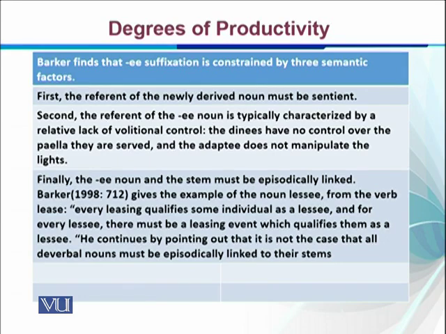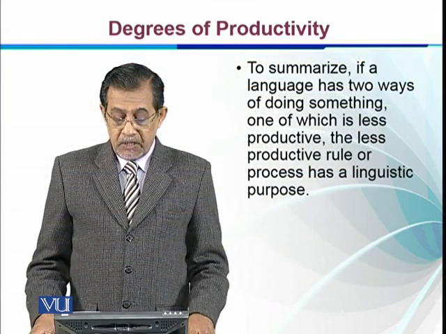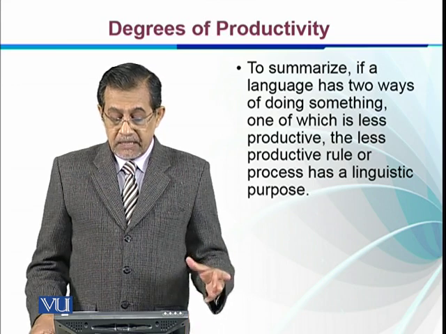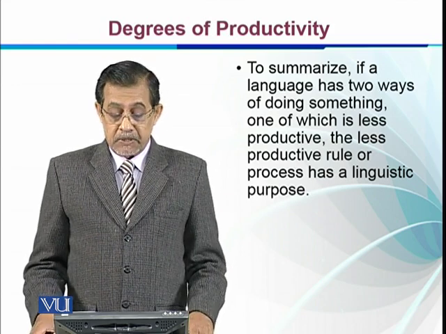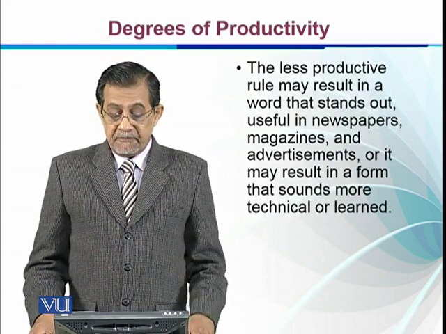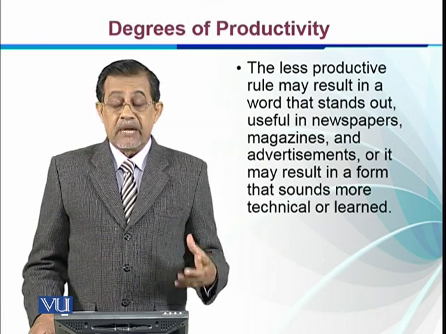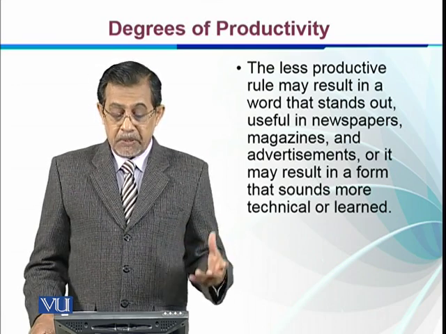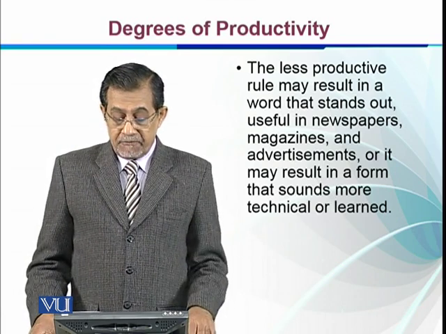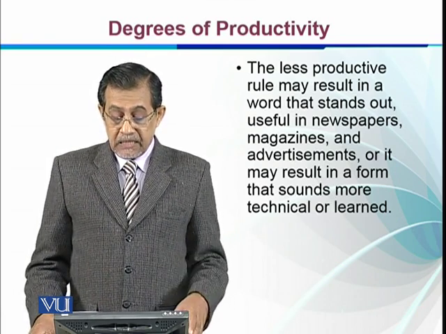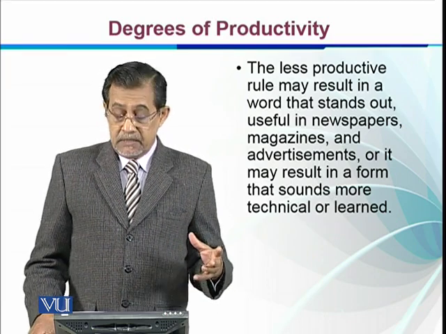To summarize, if a language has two ways of doing something, one of which is less productive, the less productive rule or process has a linguistic purpose. The less productive rule may result in a word that stands out, useful in newspapers, magazines, and advertisements, or it may result in a form that sounds more technical or learned.